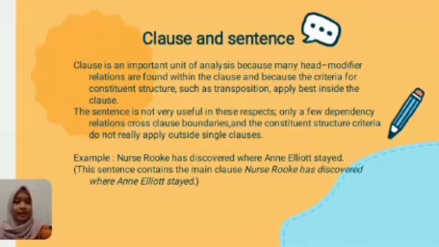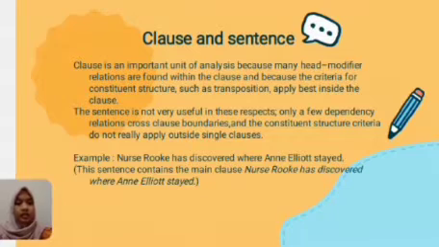Okay, I'm Wardah Nabila, and now I want to continue with the next material. This is about clause and sentence. As we know, the clause is an important unit of analysis because many head-modifier relations are found within the clause, and because the criteria for constituent structure, such as transposition, apply best inside the clause.